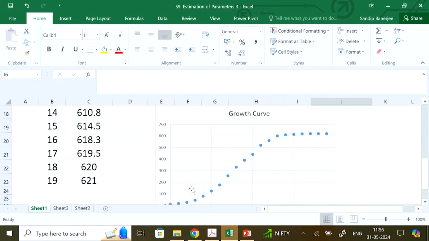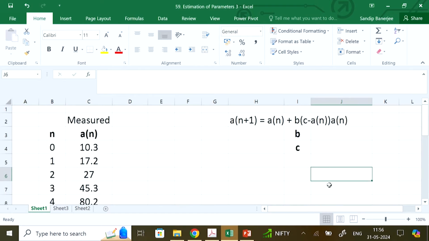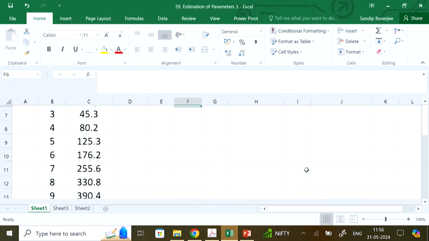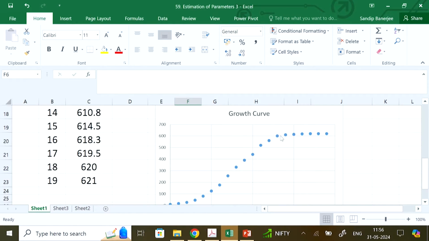Now, as I can see, this curve is going towards the value 600 and above, and here I can see it is 621. So, one way is that I can take this value directly to be 621, so that I know my carrying capacity from the graph, as it is going to 621.